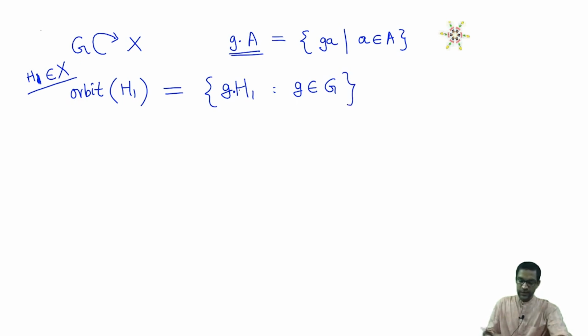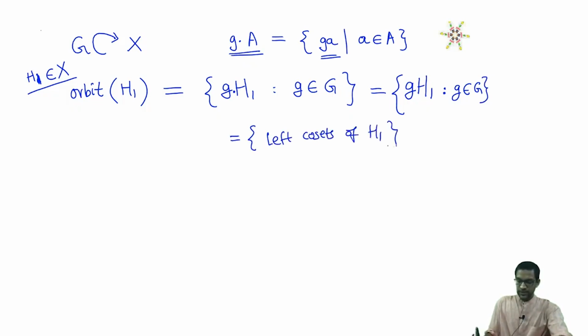Okay, but g·H1 is, well, what's that? It's just this set which is you multiply every element of H1 on the left by g. It's just left multiplication. So the subsets you get in this way are exactly the left cosets of the set H1.